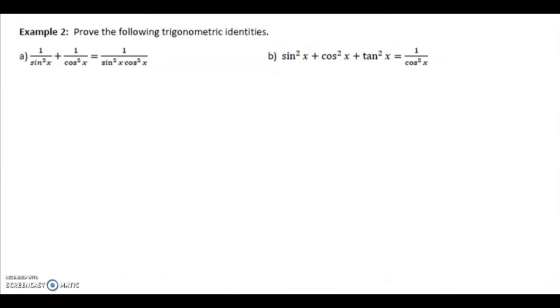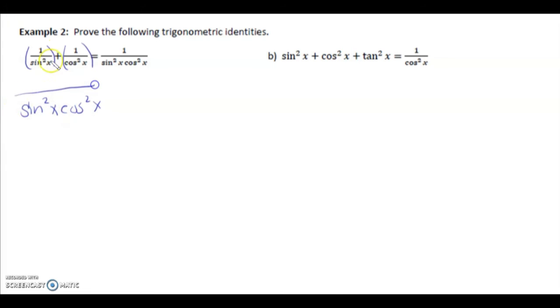Okay, example 2, prove the following trig identities. So this one's a little bit like the last one, except we're dealing with the squared. I'm just going to delete A so we have some space to work in. I'm going to find a common denominator between the first two. So our common denominator is going to be sine squared x cos squared x.